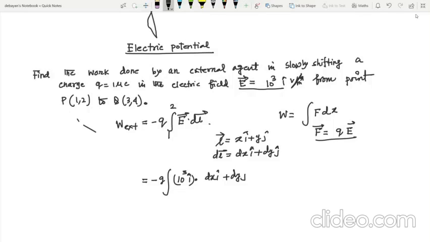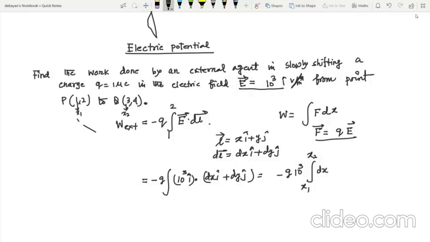So we know that i cap dot i cap should be 1, i cap dot j cap is 0. So it should be minus q times 10^3 taken out, and it is nothing but the integral of dx, and the limit is from x1 to x2. The value of x1 is 1 and x2 is 3.